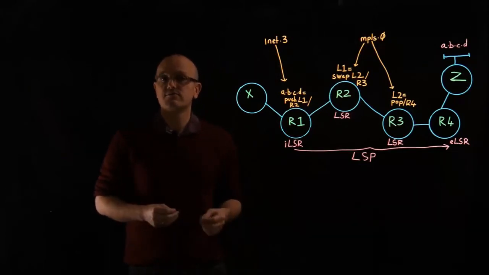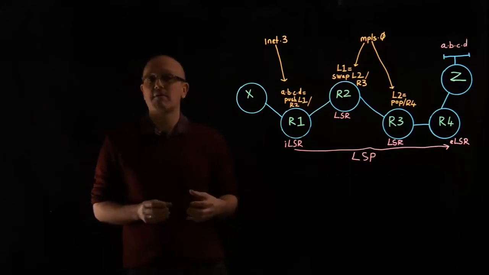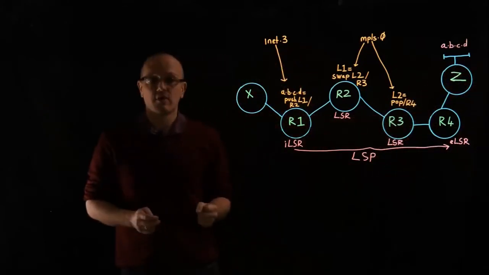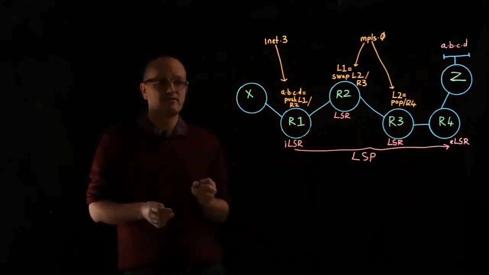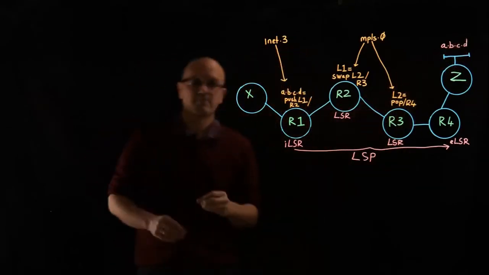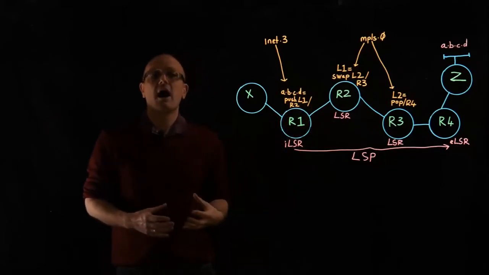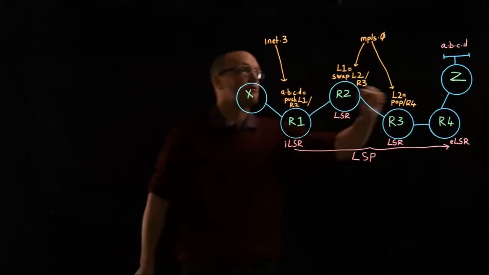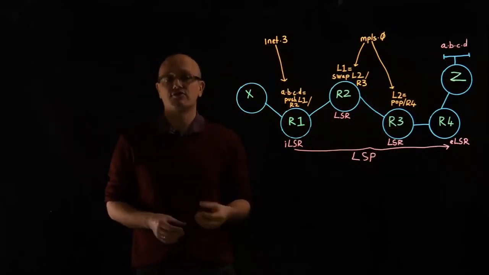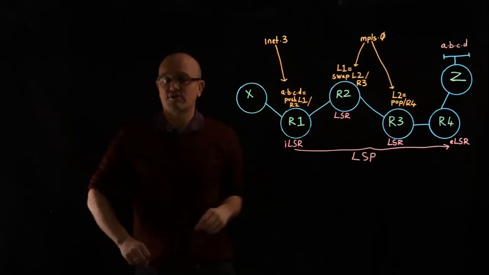So with all this terminology analysed, let's now take an in-depth look at how a packet flows from router X to router Z. So router X is sending a packet with a destination IP address of A.B.C.D, and this packet arrives on R1. R1 does a lookup for this IP address, and resolves the next hop of the route that covers this IP address in the routing table inet.3.